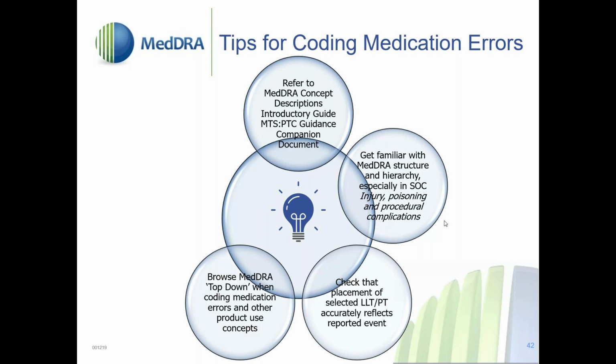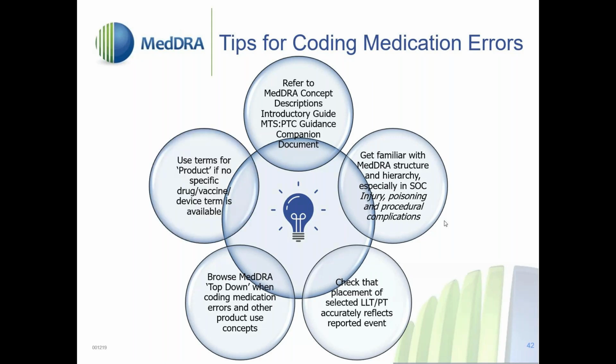It is best to search the MedDRA hierarchy top-down when coding medication errors and other product use concepts, unless you are already very experienced in coding such incidents. And finally, if you can't find a specific term for medicines, vaccines, or medical devices, look out for a product term that would be suitable for your coding tasks.